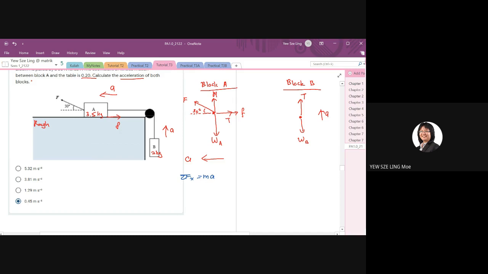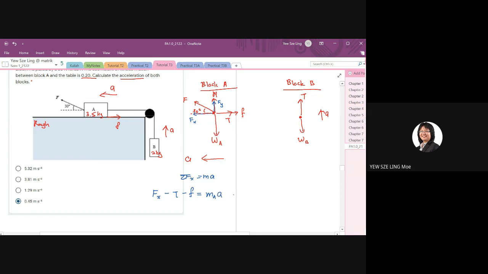So what I need to do is resolve F into two components. This is my Fx, and this is my Fy in calculations. For the x component, I have three forces along the x component. So what am I going to do? Fx minus T minus f equals to mA a.